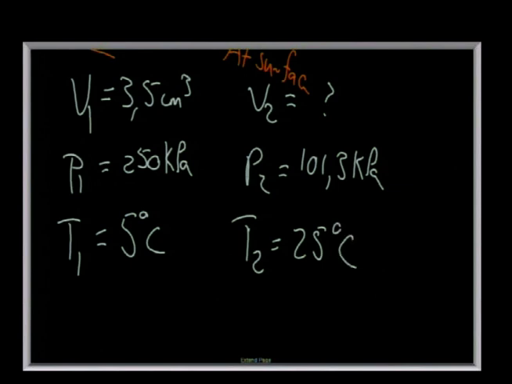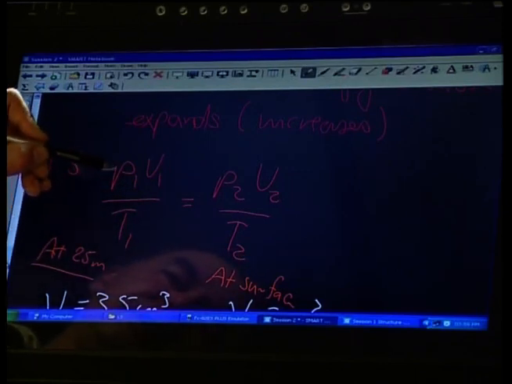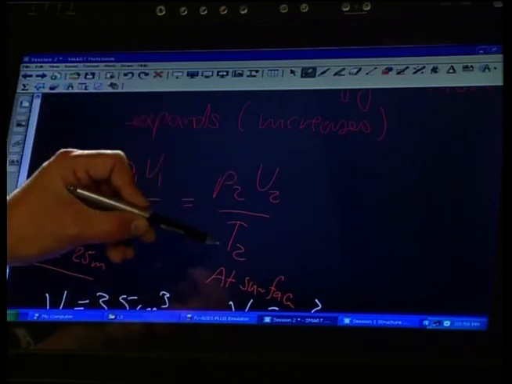Okay, now having given all of that, we've got the equation we're going to use. What's our first step? Well, you should remember that whenever you're dealing with gases, you can't work with Celsius temperature. The ideal gas equation and the general gas equation tells you that P1V1 over T1 is equal to P2V2 over T2.